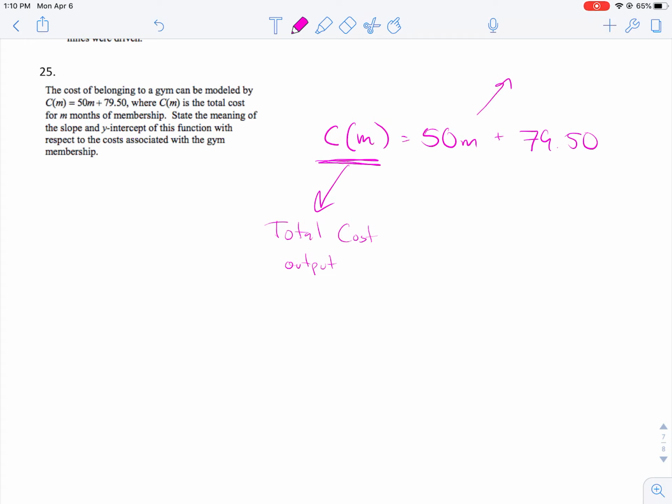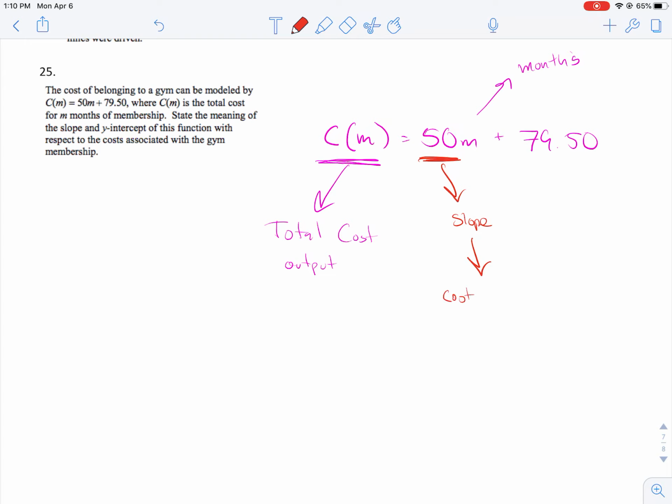This right here is our total cost, that is our output. Our input here is the months a person has had the membership.